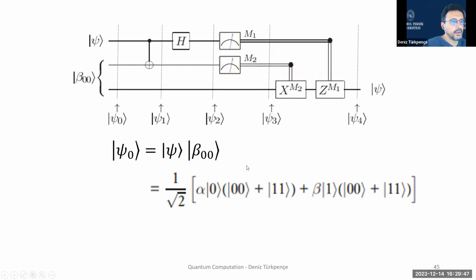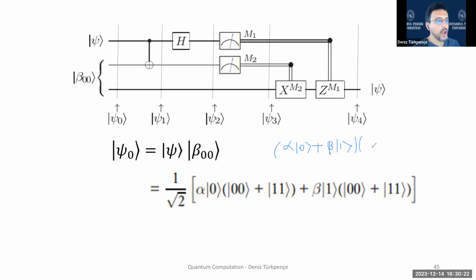And if I multiply it with this entangled state, what I will obtain is this state. Okay. After multiplying this unknown state by 0, 0, you will obtain this state. You can obtain it very easily because I have written that the first qubit state was alpha 0 plus beta 1 multiplied by this beta 0, 0.